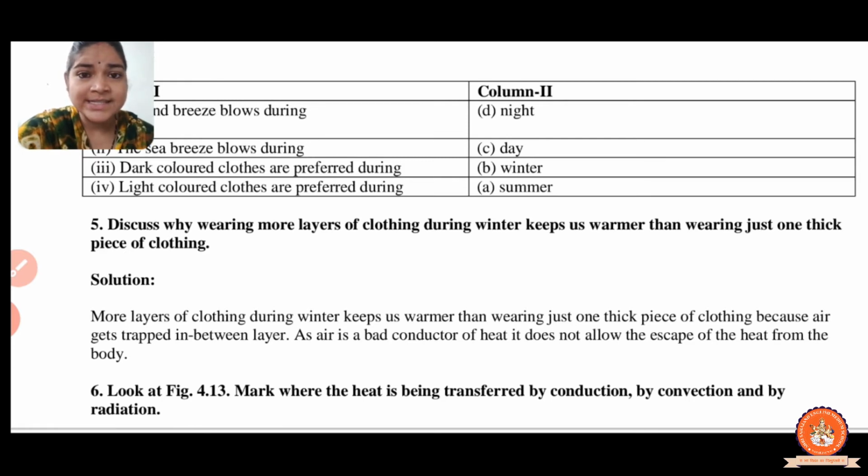Now let us discuss the answer. Obviously, if you wear more layers of clothes, they are warmer than one thick piece, right? Again, more layers of clothing during winter keep us warmer than wearing just one thick piece of clothing, because air gets trapped in between the layers.